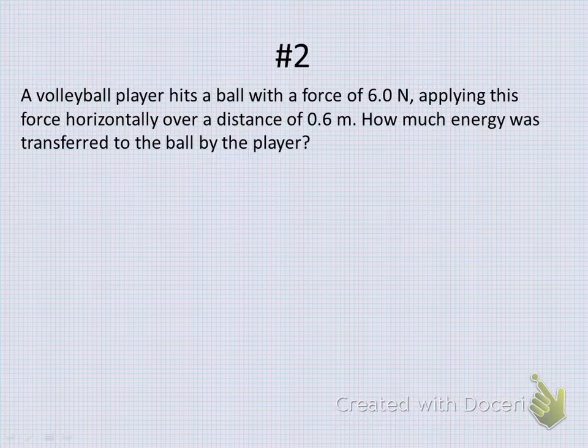We always want to go through and read the question over first, get an idea of what's happening. It's clear there's a force and a distance, and energy is being transferred to the ball. So the fact that there's force and distance would say something about work and energy transfer. When work is done on an object, it causes a displacement, which means it's moving, which means it has a velocity, which means that we're going to be dealing with the work kinetic energy theorem.